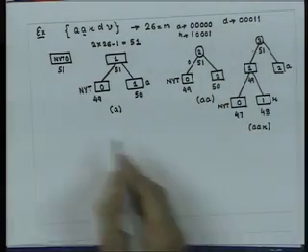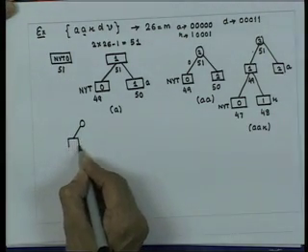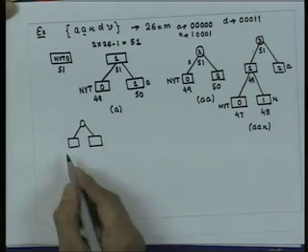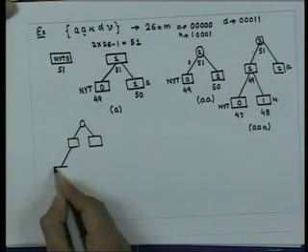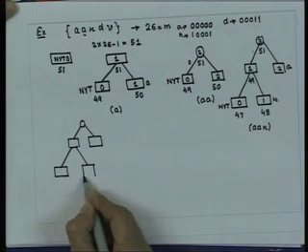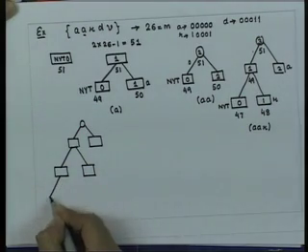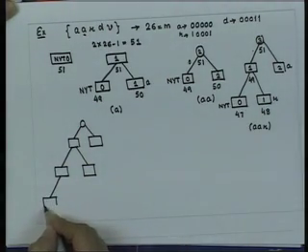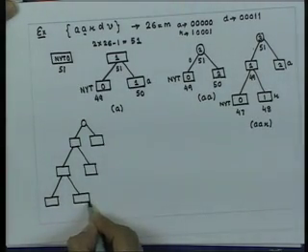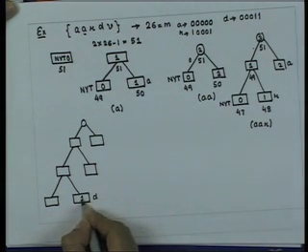So, in the next step, node 47 will give birth to a new NYT and a terminal node. This terminal node corresponds to D. So, I update the weight of this.